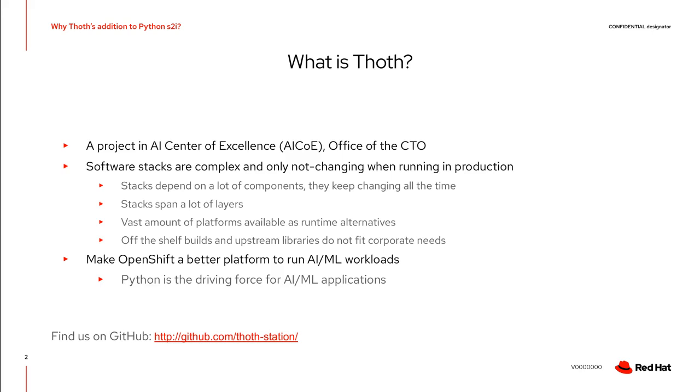The project is about making OpenShift a better platform for running AI ML workloads, and as Python is the driving force for AI ML applications, most of the things that I will describe will apply to Python, but the ideas that I will show can also be applied to other programming languages and other ecosystems, considering nuances that differ between these ecosystems.